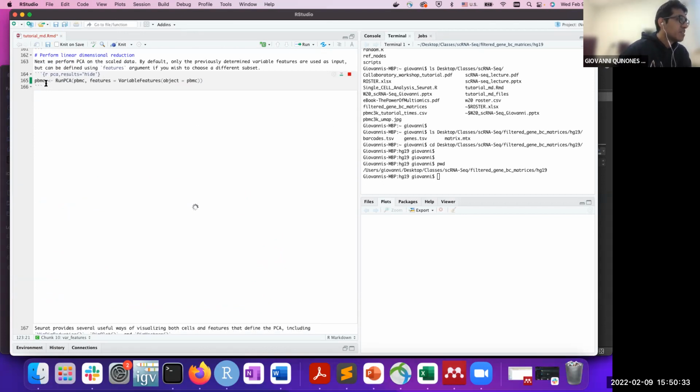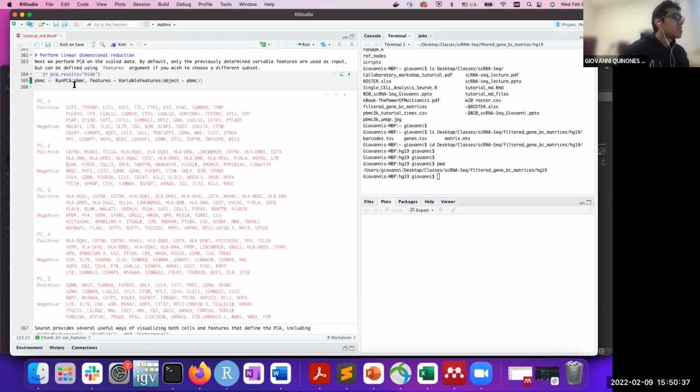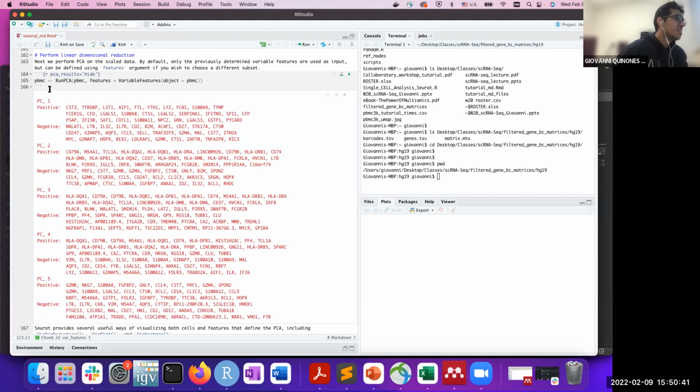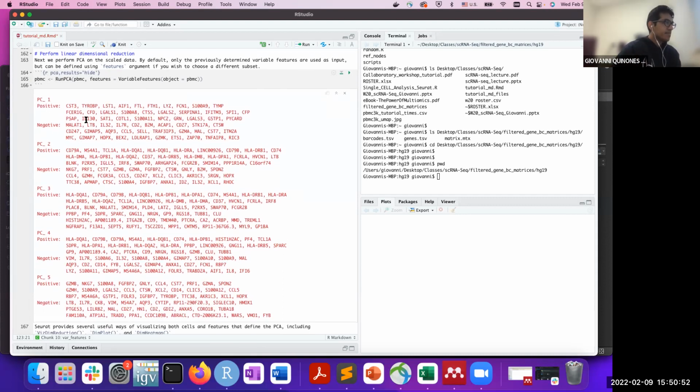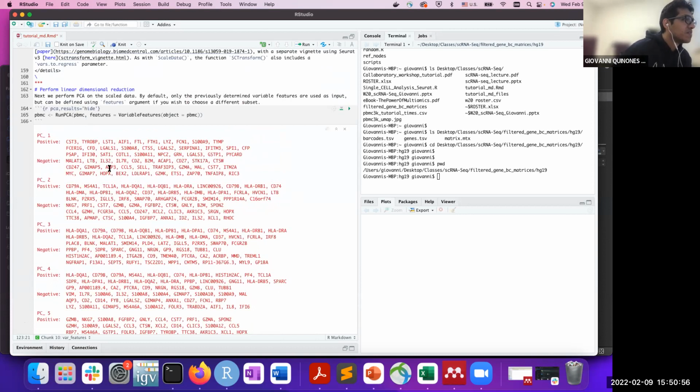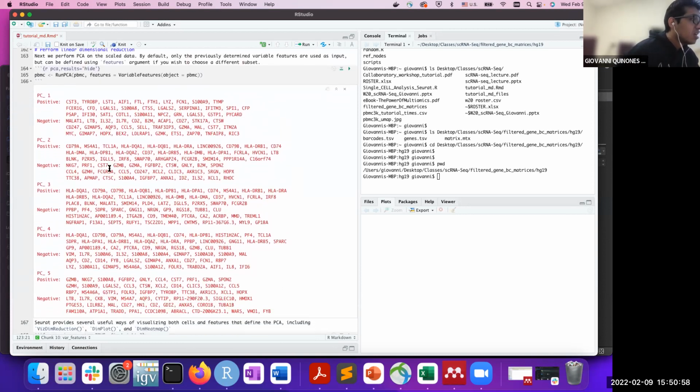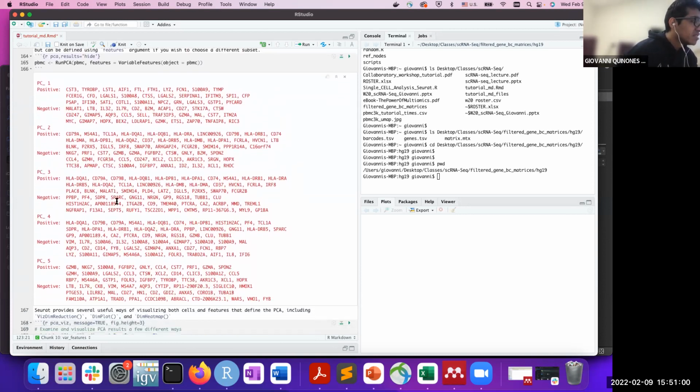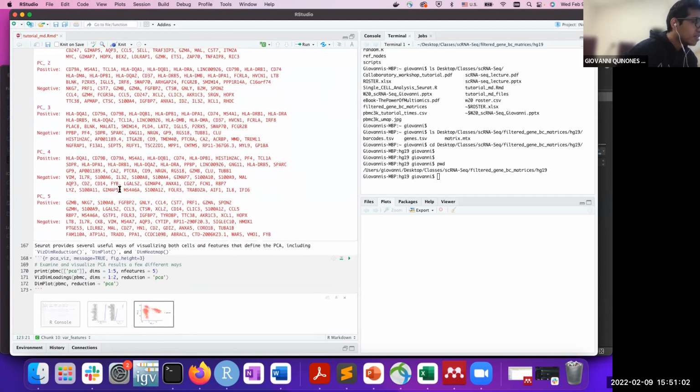And as you can see, we keep redefining this pbmc object, and what's happening is simply that it's adding new attributes to it. So now pbmc is going to have within it an object called pca. And you'll see that it's generating quite a lot of output. We won't go over this. I think it will become more clear later on.